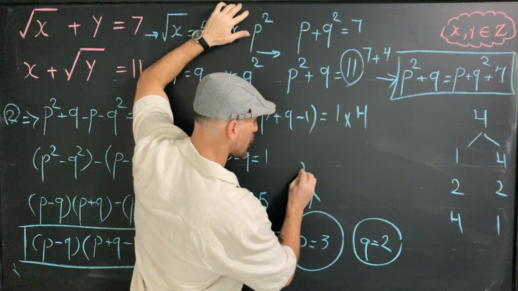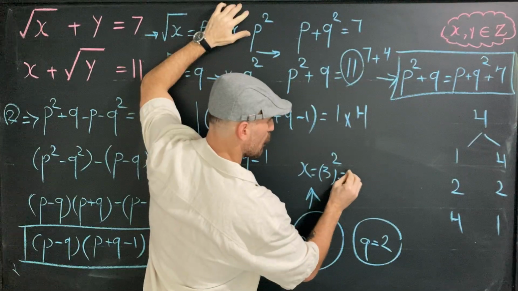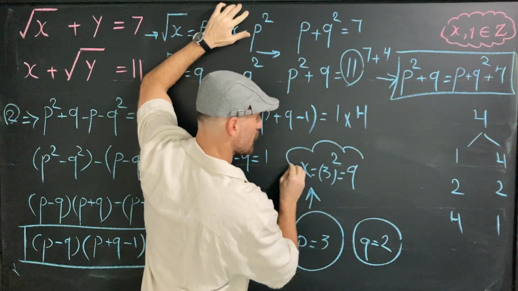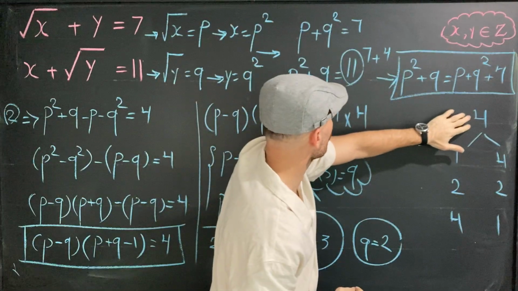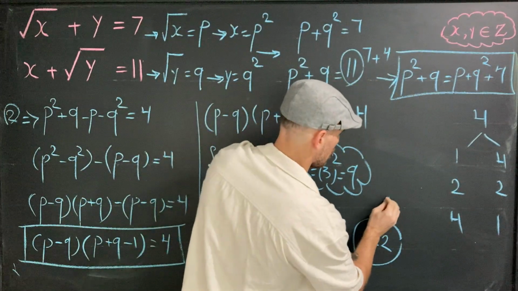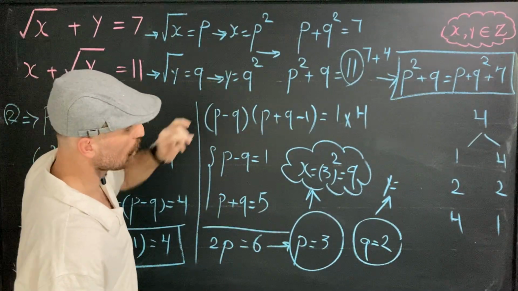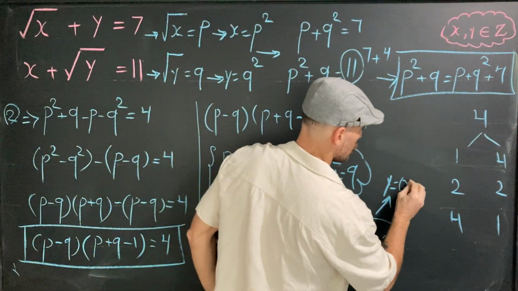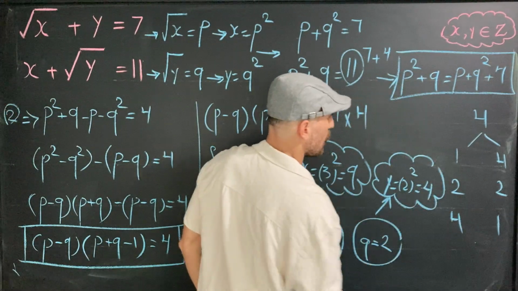So from here, I write x equals 3 to the power of 2, or 9. This is the value of our x if we rewrite 4 as a product of 1 and 4. And the value of y is going to be q squared. So 2 to the power of 2, or 4. This is going to be the value of y.